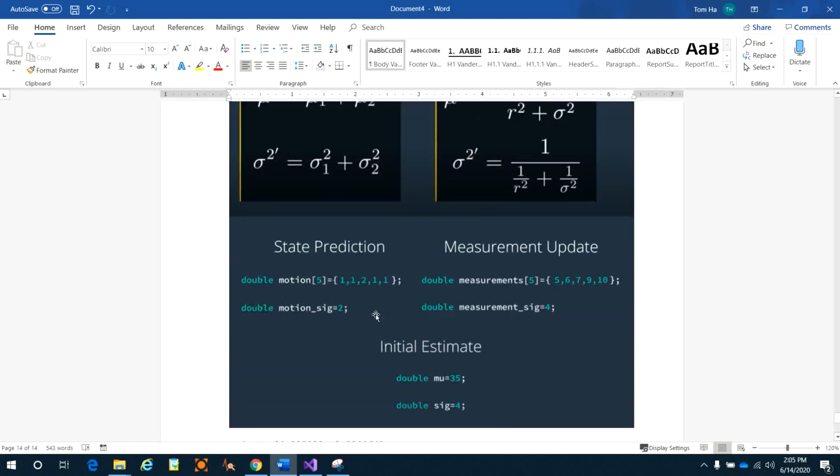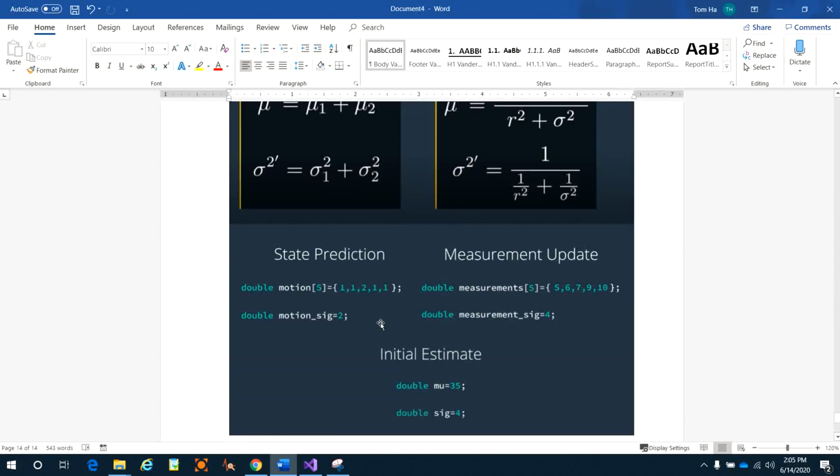For example, in this example you can see the initial estimate. You got mu about its location of 35 meters and a standard deviation of 4. After the first measurement, the sensor at t equals 0 measures 5 meters, right?